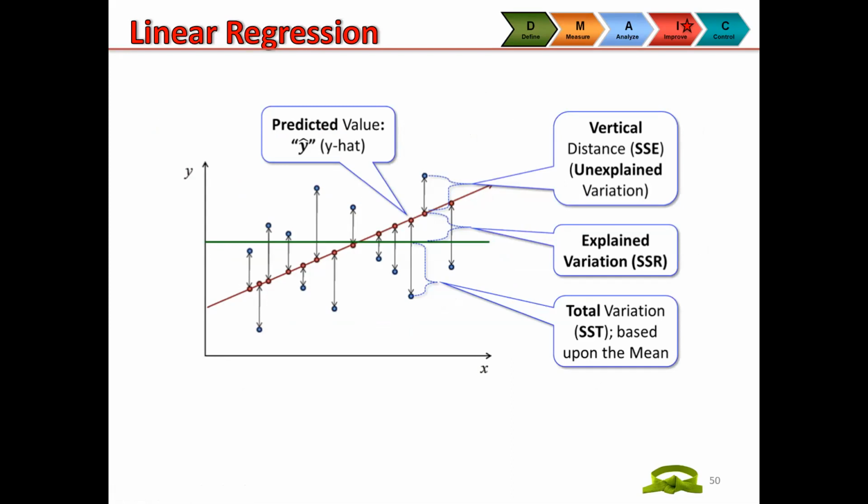And then in ANOVA, we look at vertical distance from not only the predicted value, but also the vertical distance from whatever value I get and the mean, which is the green horizontal line. I just like you to see this and understand where this all comes from. And then we have total variations based on the mean. Okay.